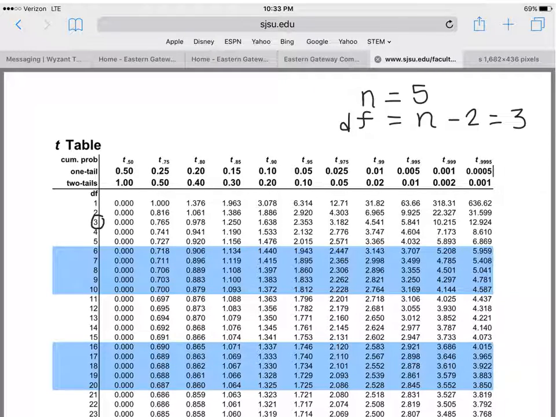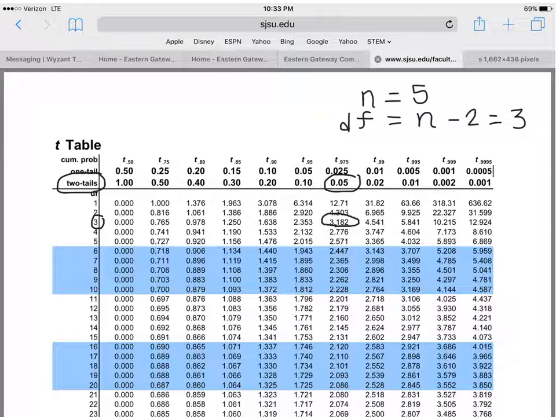Then we have to recognize that we're doing a two-tailed test, and our level of significance given to us is 0.05. So that means we find our critical value by identifying where the row with 3 degrees of freedom intersects the column with a two-tailed cumulative probability of 0.05.